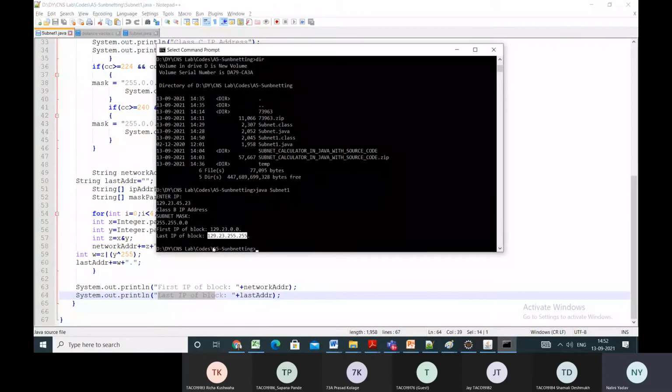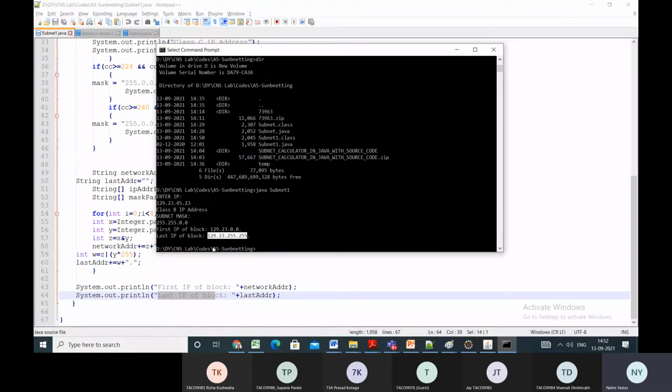129.23.0.0. What does it mean? Suppose the IP address I have entered is 129.23.45.23. This belongs to one of the organizations, whose one of the hosts is known with this given IP address. Then what will be the organization's network address? The organization's network address is the first IP address which belongs to that particular block.